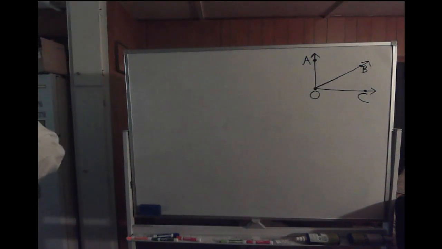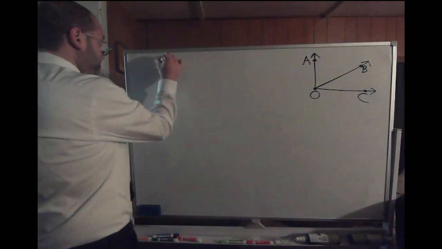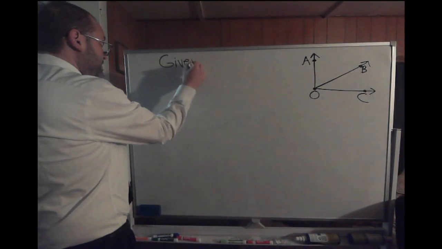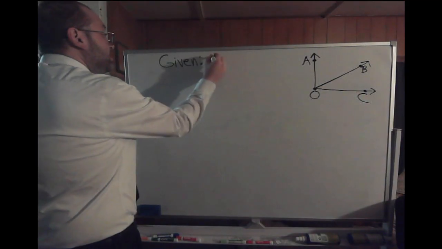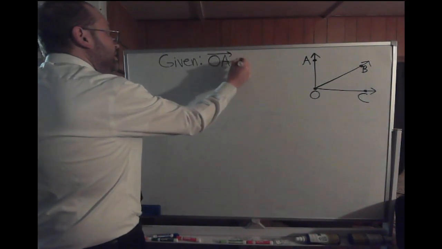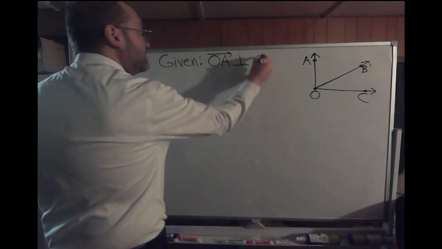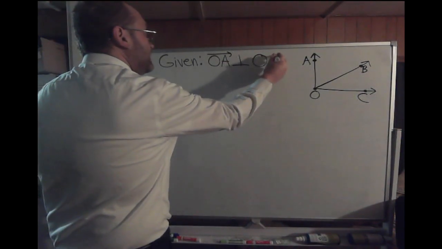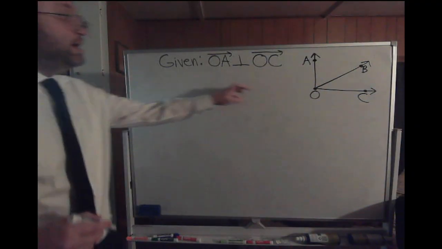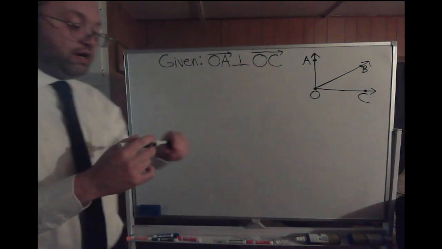Now, what we have been given here is that ray OA is perpendicular to ray OC. So we're given that ray OA is perpendicular to ray OC.